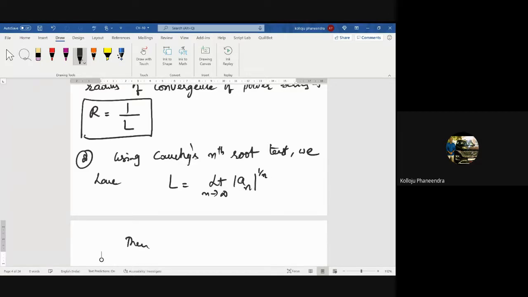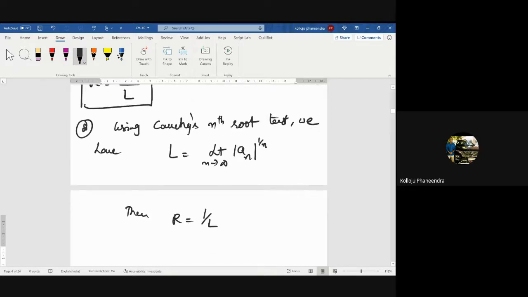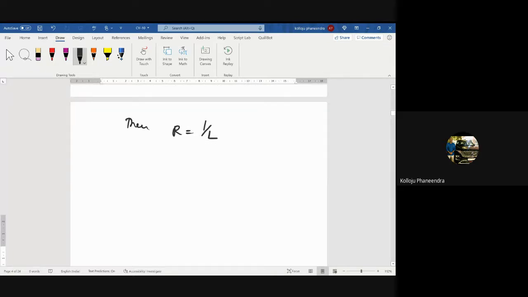Then the R value is the same, R equal to 1 over L. You can calculate either using Cauchy's nth root test or using D'Alembert's ratio test.